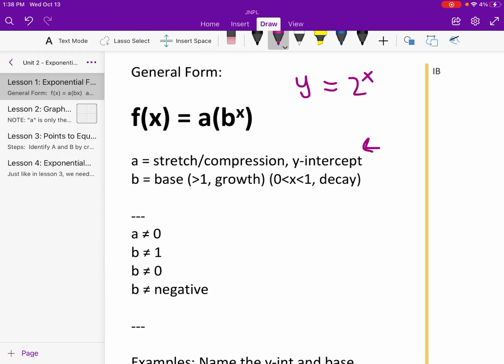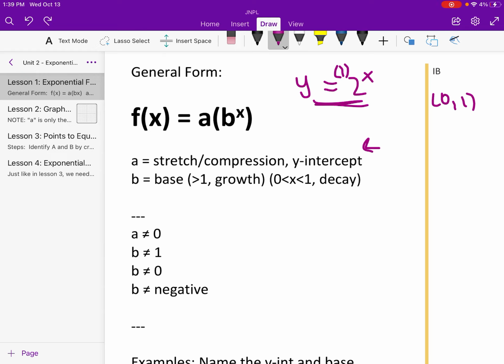But in the case of this equation, if it's a times b, really a is 1, so it's 1 times 2 to the x, so the y-intercept is 0, 1 for that function. But if you had like a plus 1 right there or something, that doesn't work. Then it changes a little bit.